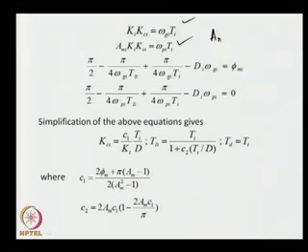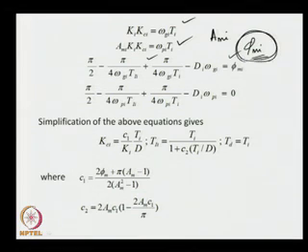Keep in mind AMI is nothing but the gain margins of the loop, and pi upon 2 minus pi upon 4 omega gi tii plus pi upon 4 omega gi ti minus di omega gi equal to phi mi, where phi mi stands for the phase margins of the loop.